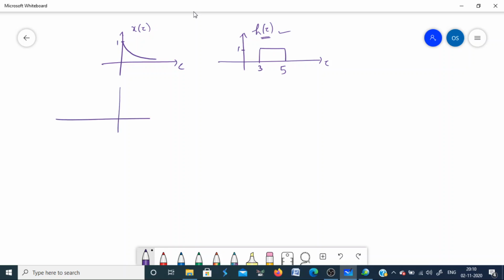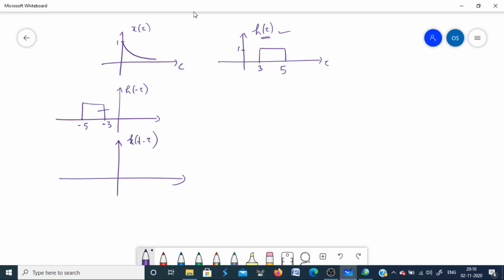When you fold it, it will become h of minus tau, so limits will be from minus 3 to minus 5. Now when you shift it and multiply with x of tau, you will get, sorry, h of t minus tau.